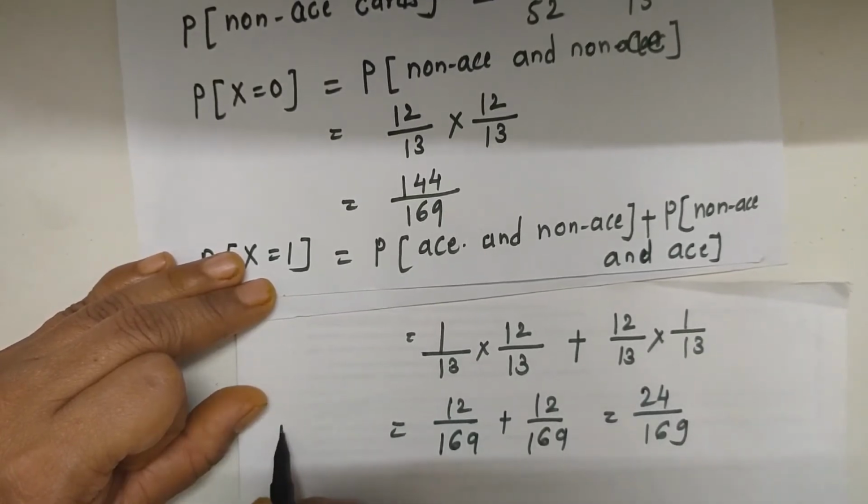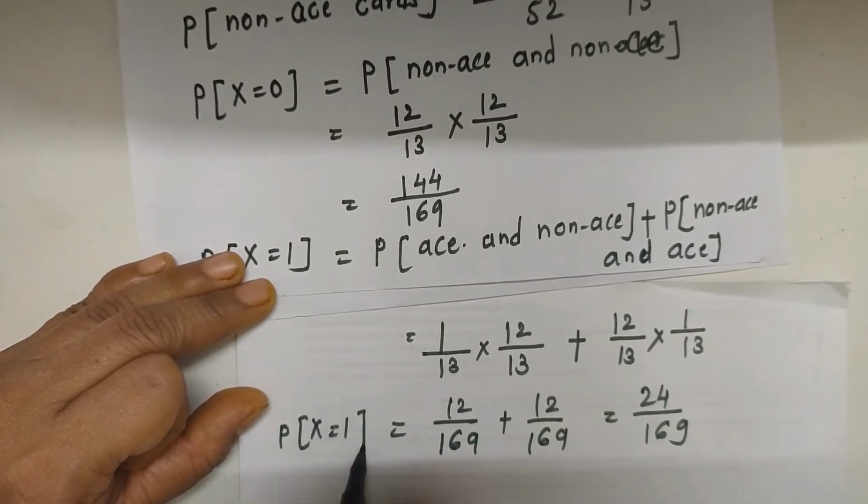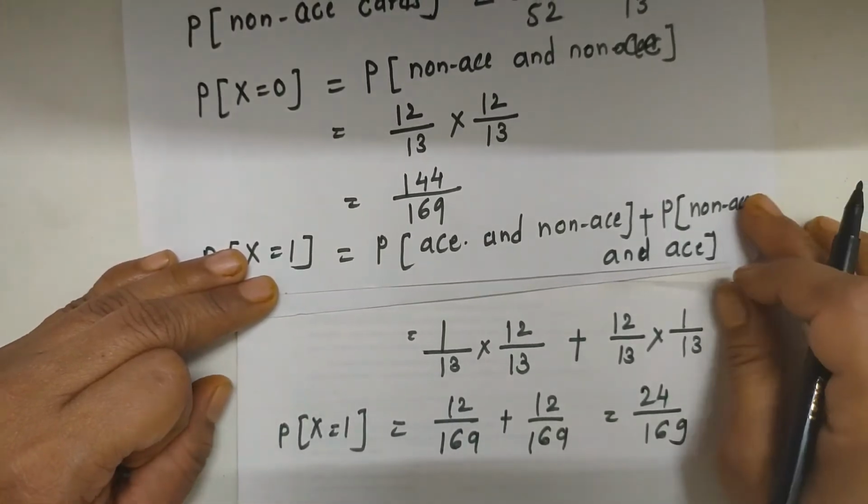So the probability for X equal to 1 is 24 by 169.